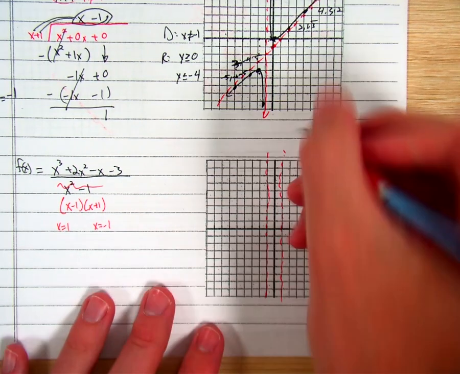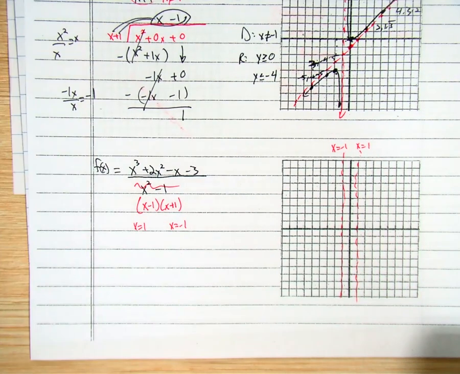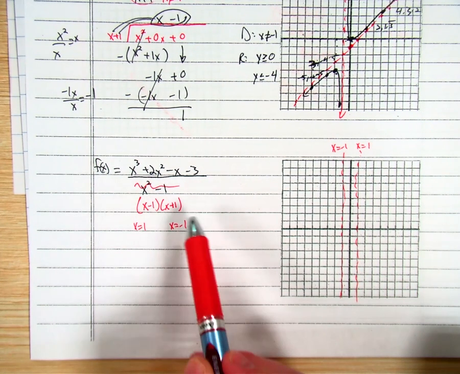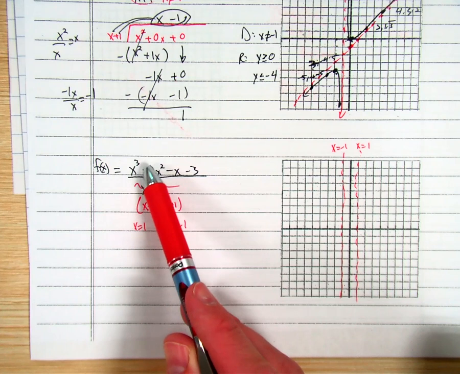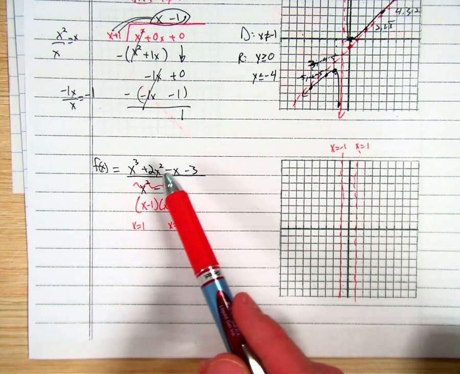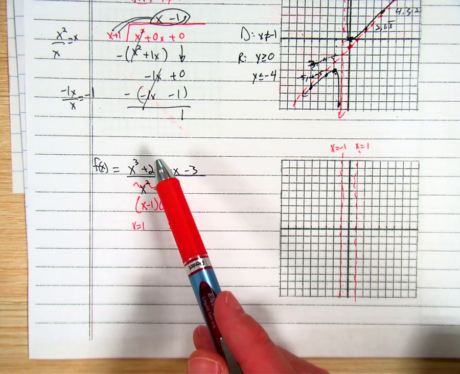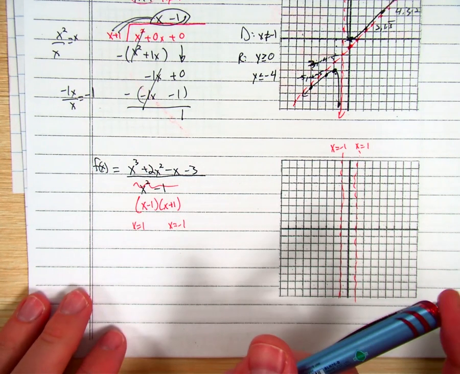So there's our vertical asymptotes at negative 1 and 1. Okay, the top is bigger by 1 power, x to the third compared to x squared. So there's no horizontal asymptote, and there is a slant asymptote because it's exactly 1 bigger.